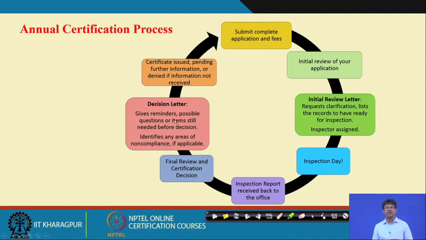That is also mentioned in the decision letter. If any further information is required, it may be sought. If everything goes well as per the organic standards, certification is issued by the certifying agency, or it may ask for pending further information, or be denied if the information is not received.